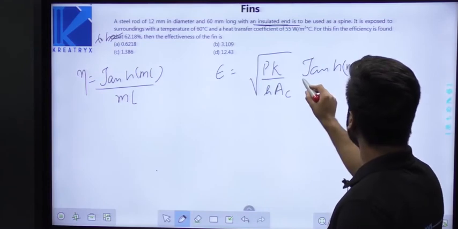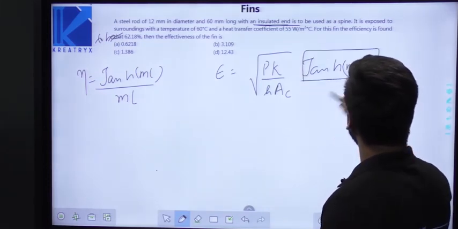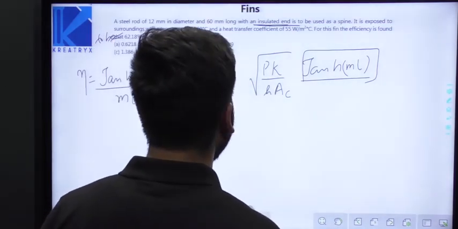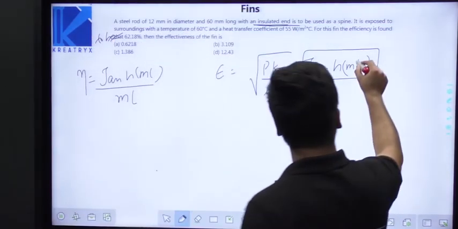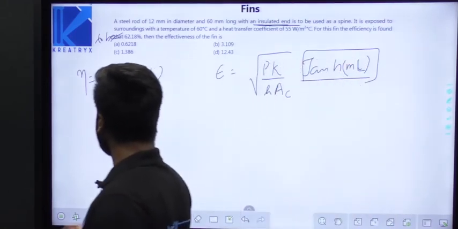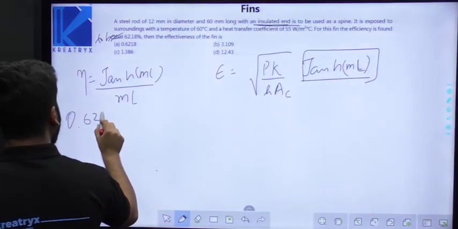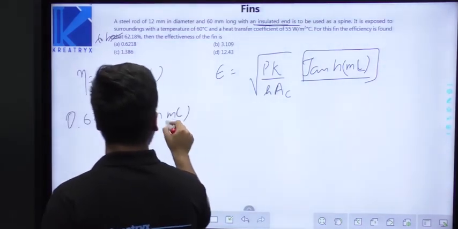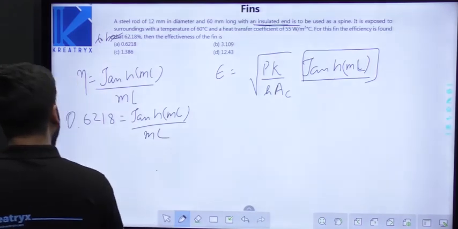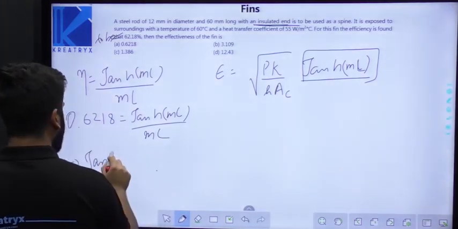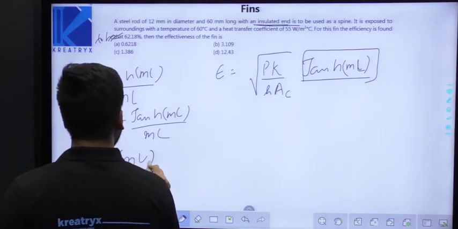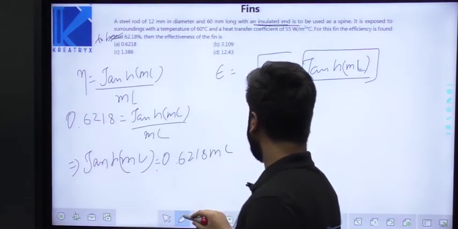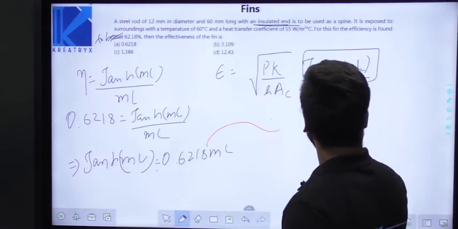So again, this problem arises that you have to find the value of tanh(ml), because you don't know the value of k, so you cannot find the value of m. But I have the relationship of efficiency with me, so 0.6218 is equal to tanh(ml) upon ml. So that implies tanh(ml) is equal to 0.6218 ml. This I can directly put here.